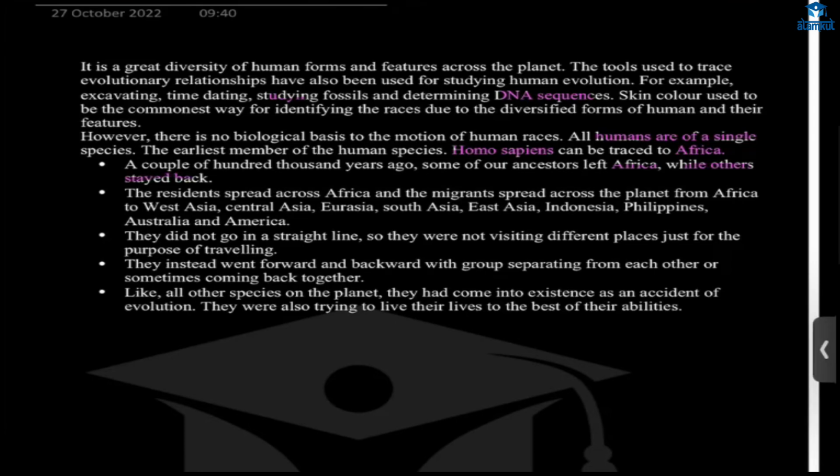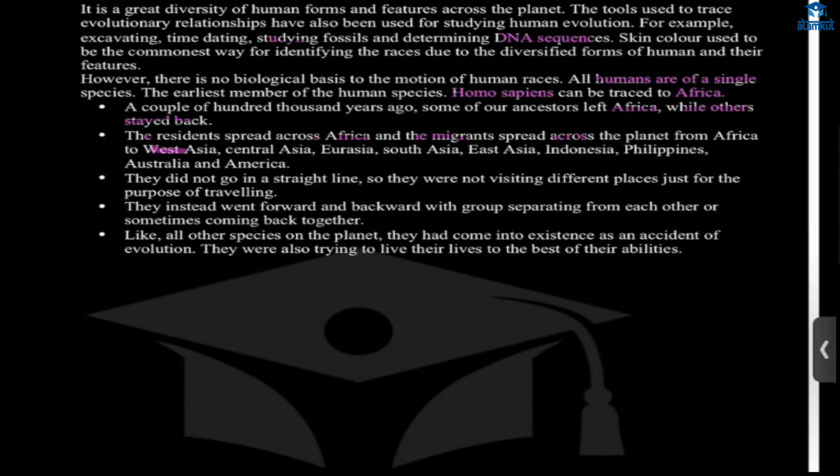The residents spread across Africa, and others migrated to other places like West Asia, Central Asia, Eurasia, South Asia, East Asia, Indonesia, Philippines, Australia, America.